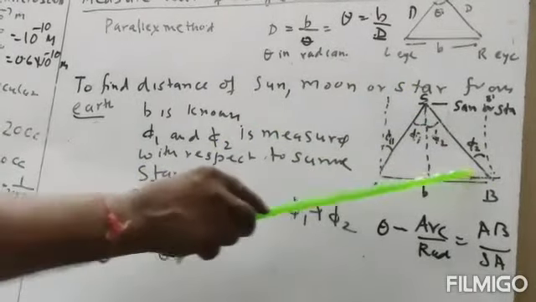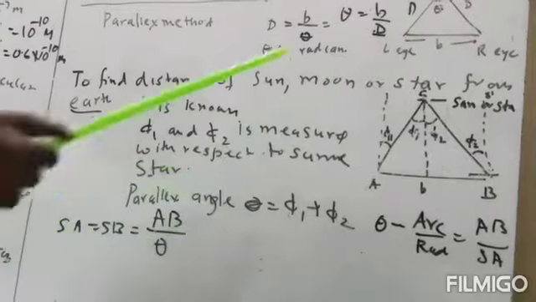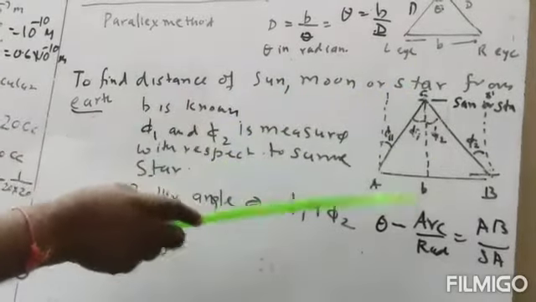In this way we first find the parallax angle, then we find the basis distance, and we put them in the formula AB divided by theta, and that will be the distance of the sun from the earth. If we want to find the distance of the moon, then instead of the sun we will focus on the moon, and with the same method we can find the distance of the moon from the earth.